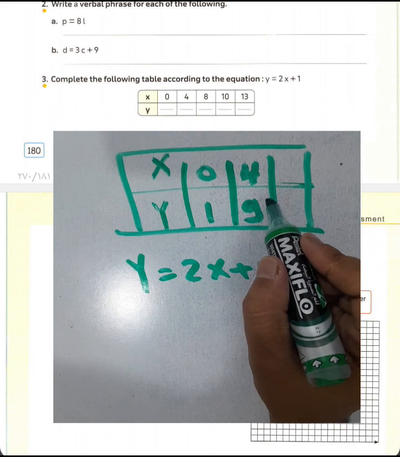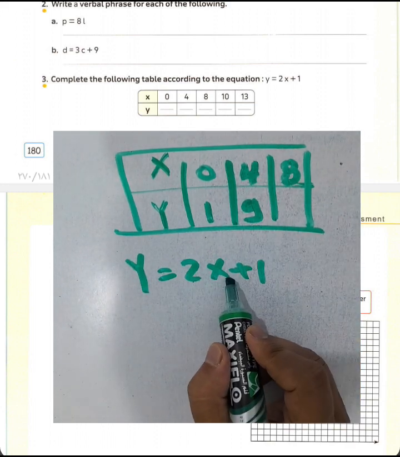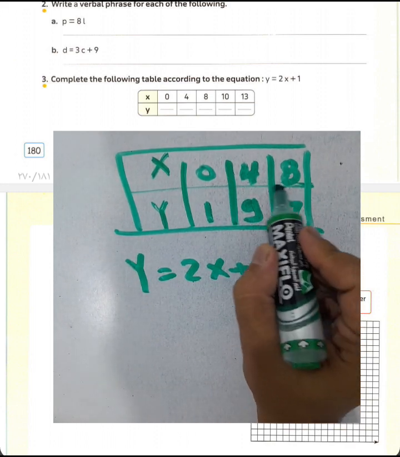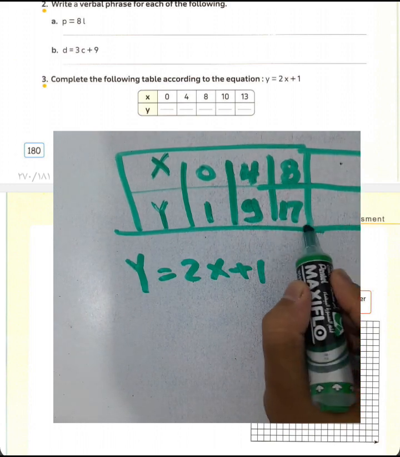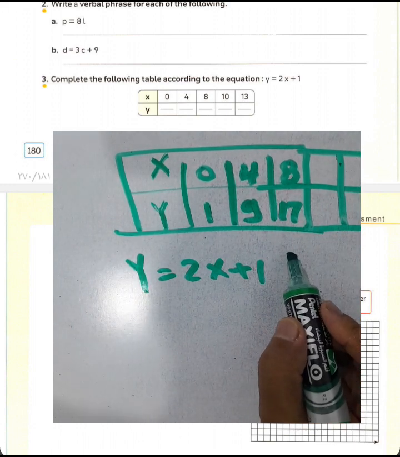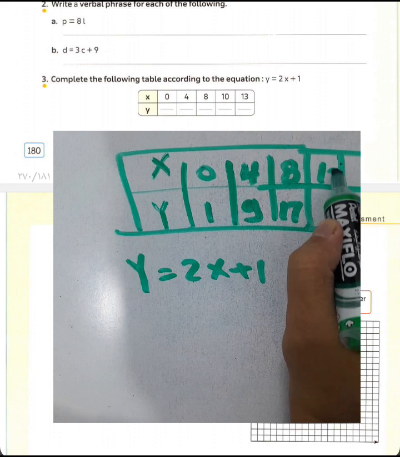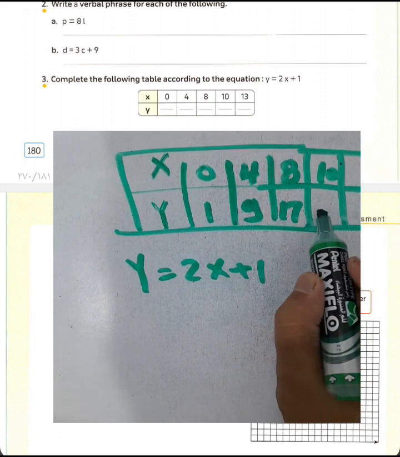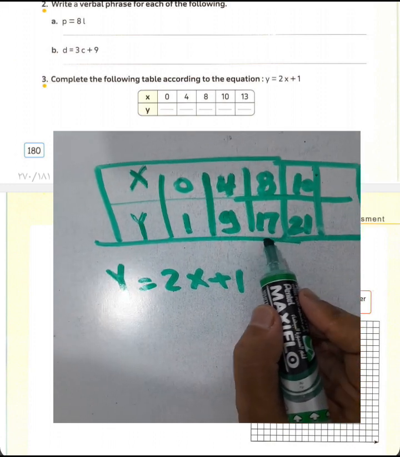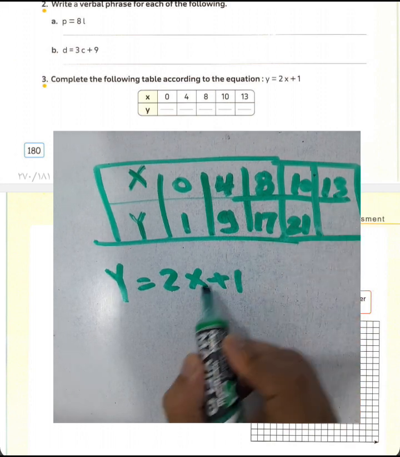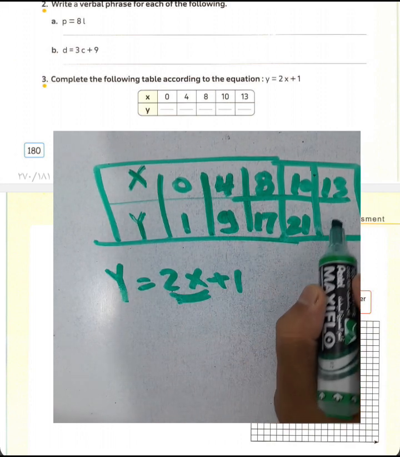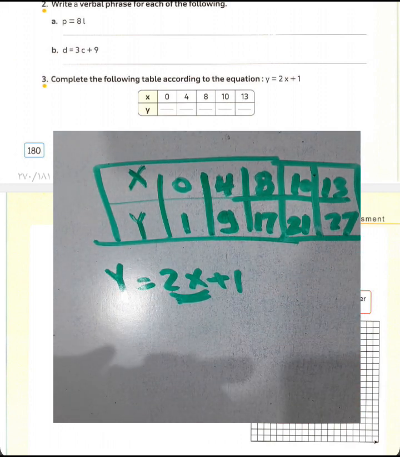Put x equal 8: 2 times 8 equals 16, 16 plus 1 equals 17. For 10, 2 times 10 equals 20, 20 plus 1 equals 21. Put x equal 13: 13 times 2 equals 26, plus 1 equals 27.